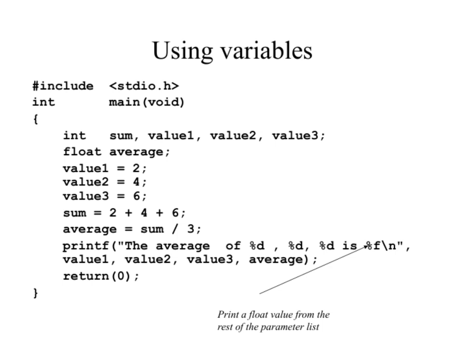When we compute the average, we divide the sum by 3, but here's the key point. Since sum is an integer and 3 is an integer, the division will perform integer division, which can lead to a loss of precision. To get an accurate floating point average, we need to ensure at least one of the operands is a float. So, we could cast the sum to a float or make 3 a float itself.